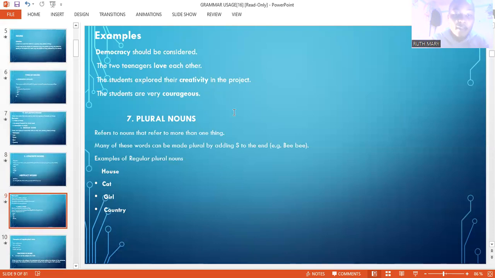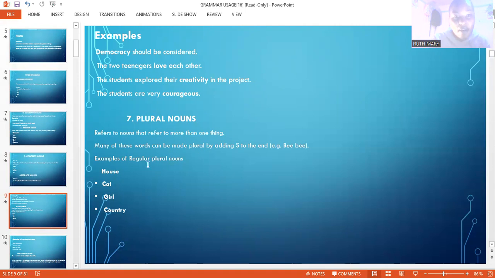Then let's look at plural nouns. Plural nouns refer to nouns that refer to more than one thing. Many of these words can be made plural by adding s to the end, e.g., bee will become bees.